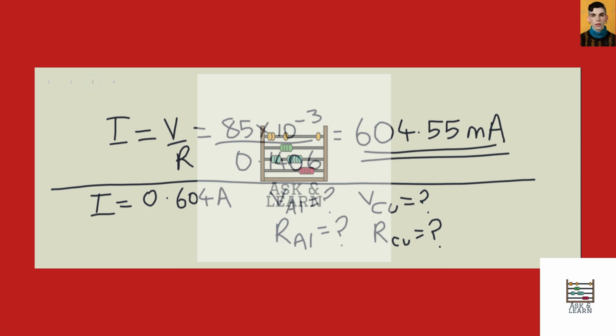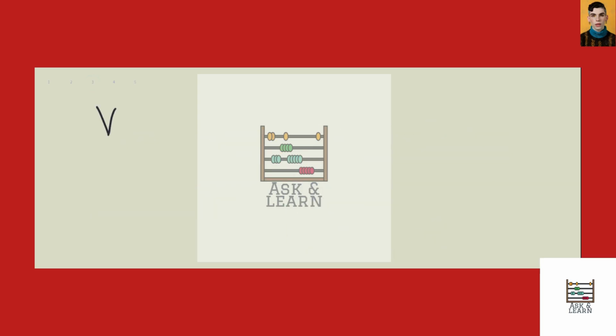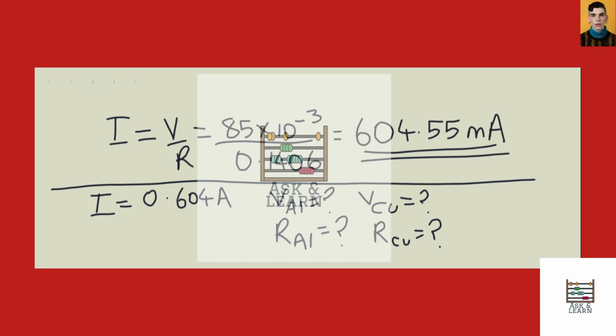I know the current, and based on this, I can find the voltages of each of the sections. So voltage of aluminum equals I times the resistance of aluminum.